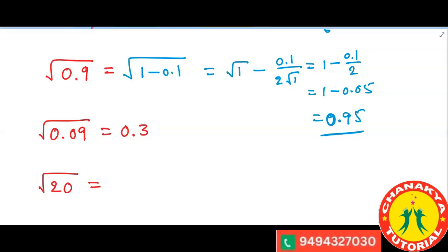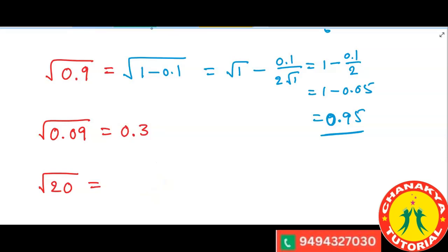You can use it, but the gap is 4 if you consider 16, and 5 if you consider 25. So the numbers are very close to each other. That's why you will get the same answer in both cases. You may use 16 or 25, but you feel 25 is easier because in the denominator 2 into 5 will give you 10.